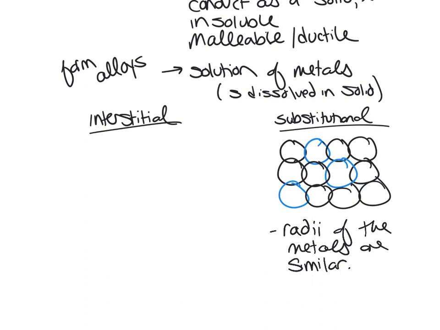So instead of there being a black one here, there's the blue one. Let's say maybe the black ones are silver and the blue ones are copper. Let's assume that they have a really similar radius of their atoms, and that is a substitutional alloy. So a copper just takes the place of a silver atom. Interstitial is going to be something like this.